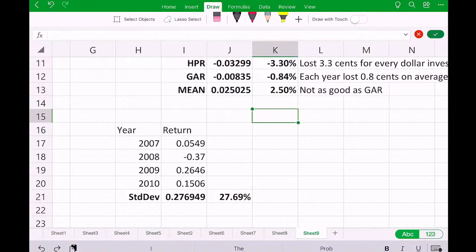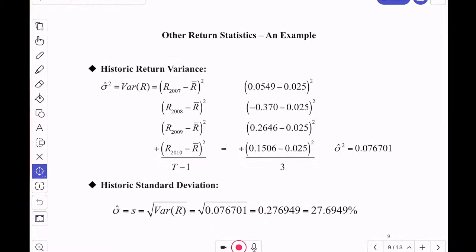It's not as meaningful as the geometric average return. So, I mean, we could take these together and talk about 2.5%, give or take 30. This is a very high volatility, right? But anyway, that's how you would calculate the variance of returns.